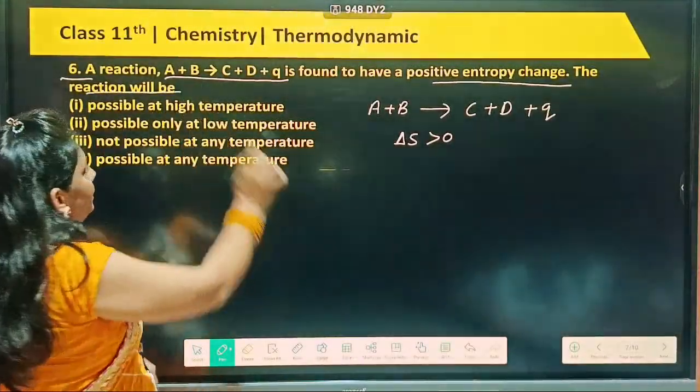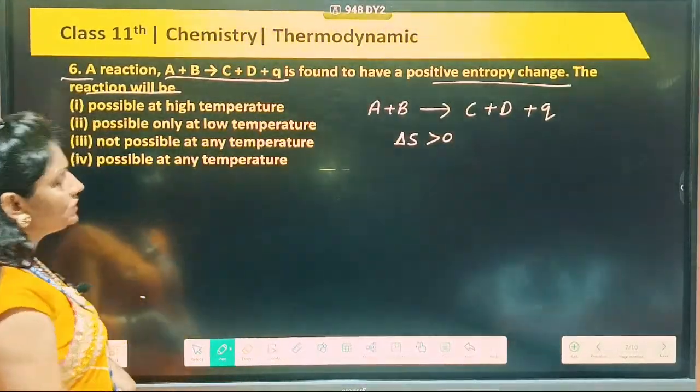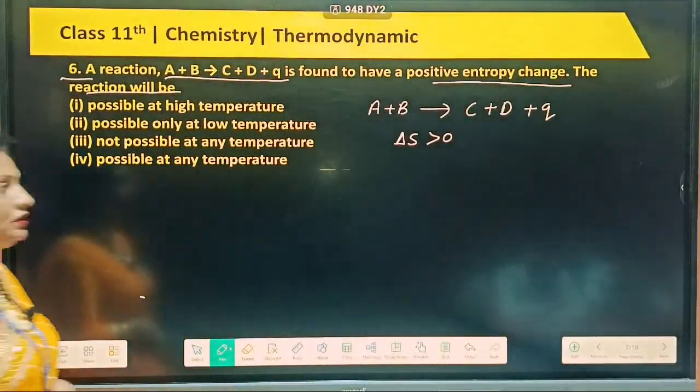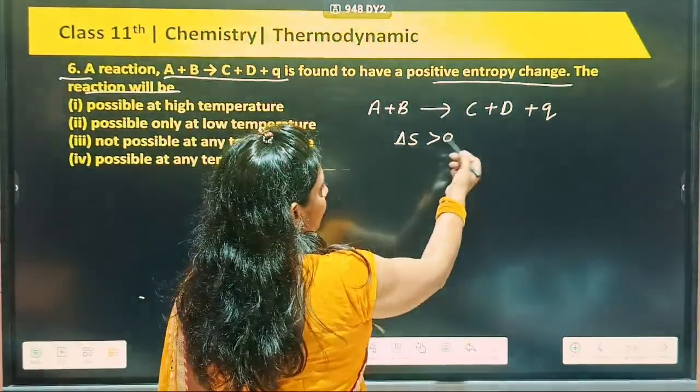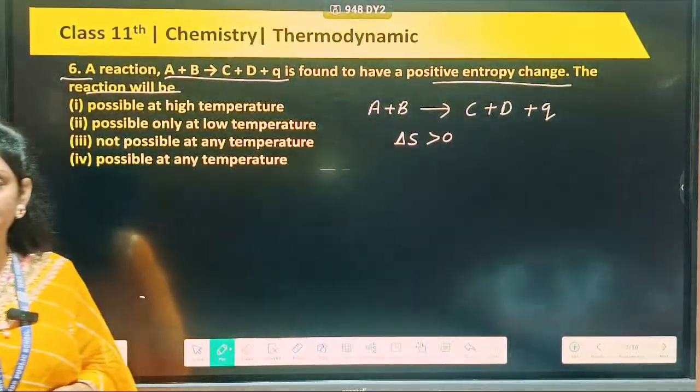Some options are given to you, students. Here this is the reaction and the entropy change is positive, greater than 0.